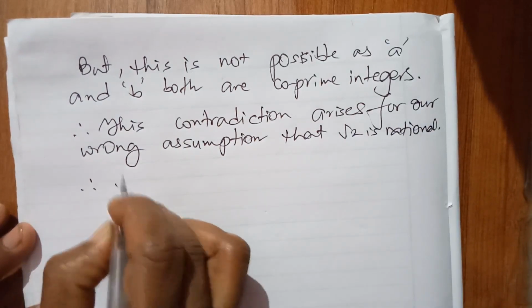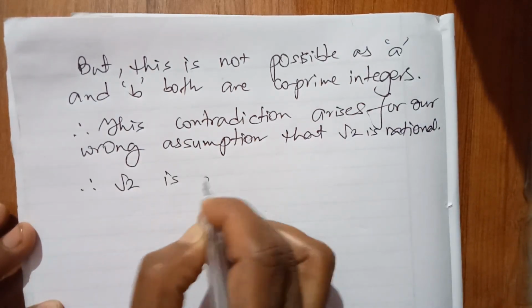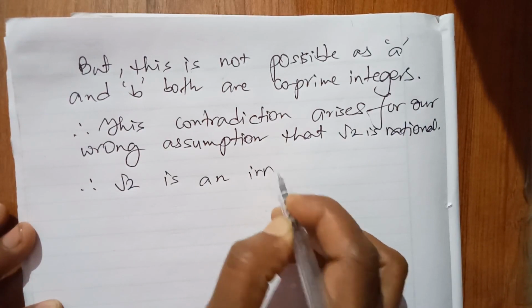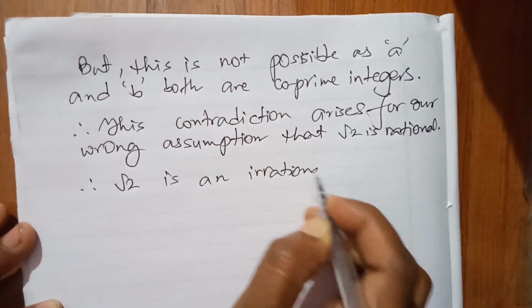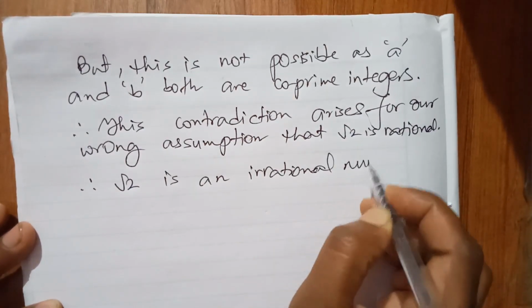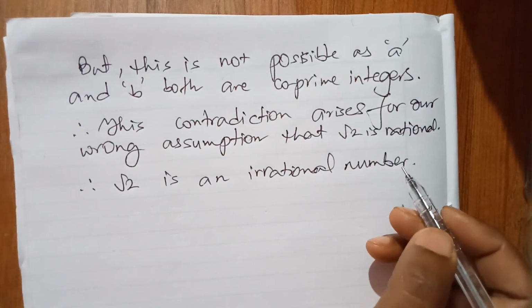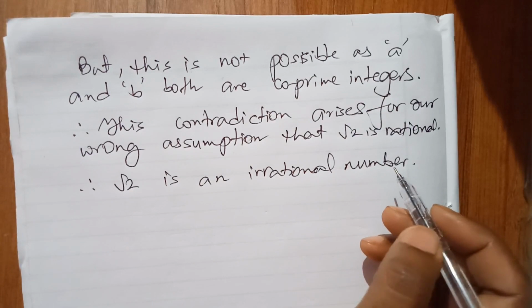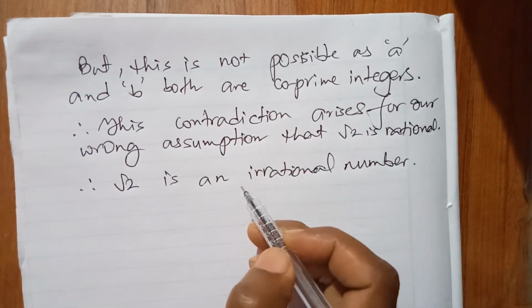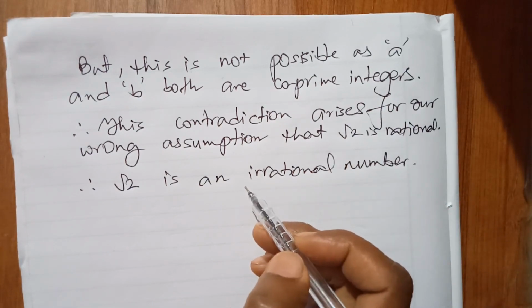So therefore root 2 is an irrational number. So finally you have proved that root 2 is an irrational number. This is called proof by using contradictory method, or contradiction method.